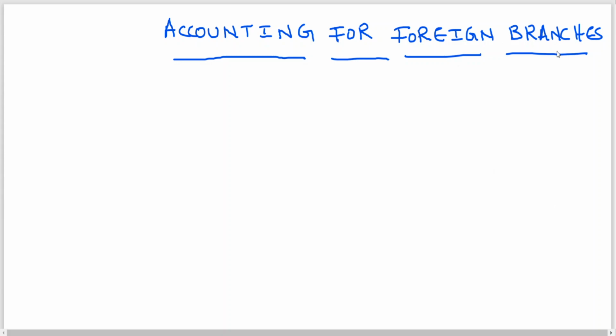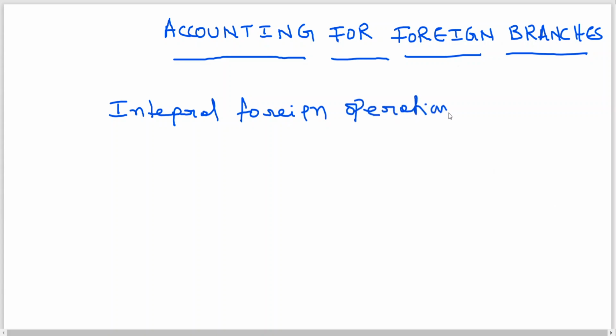Now we need to go for the classification of foreign operations. If you look at the classification, we have two kinds of operation. Point one: integral foreign operation, in short form IFO.